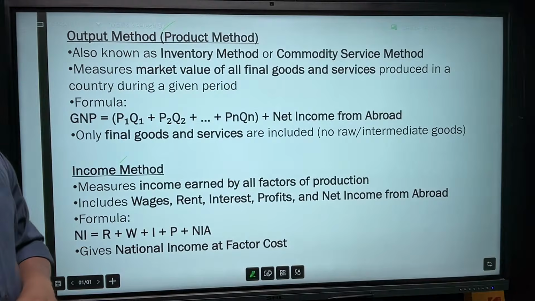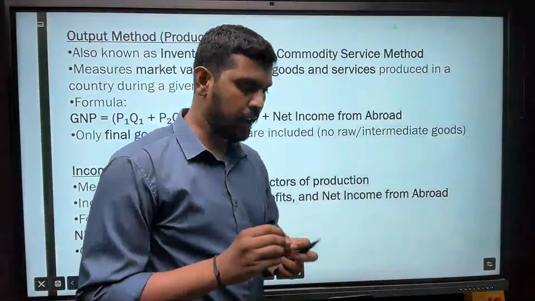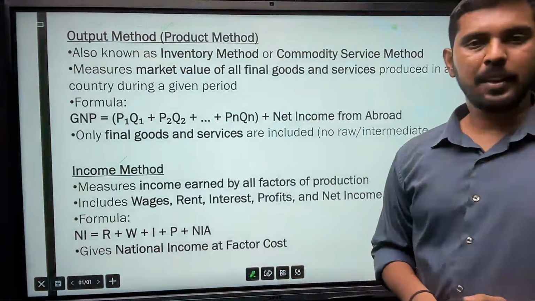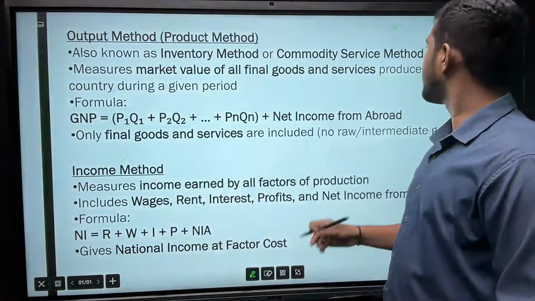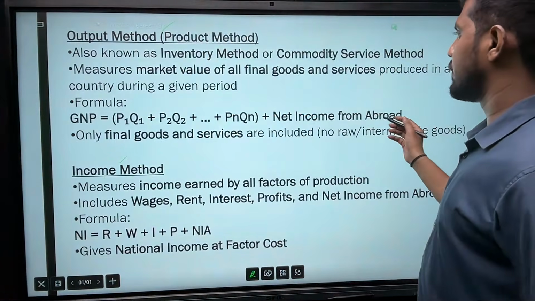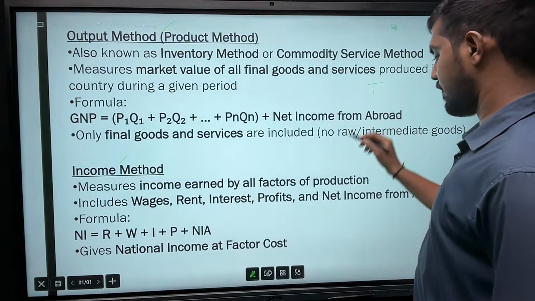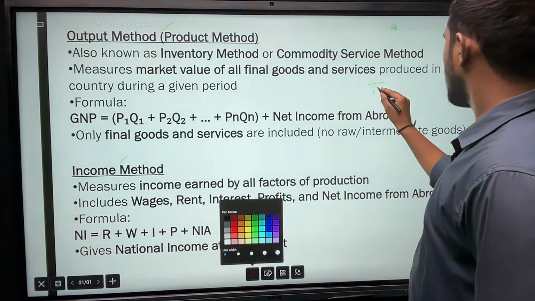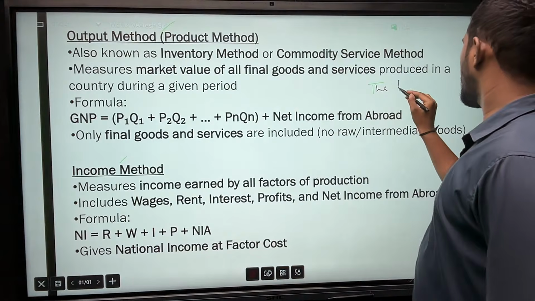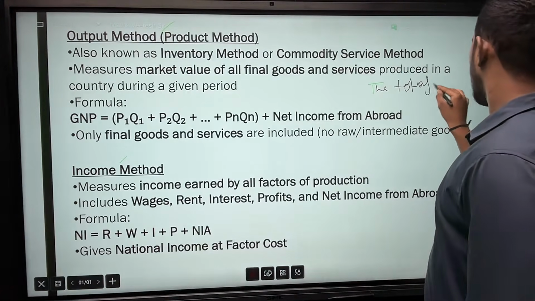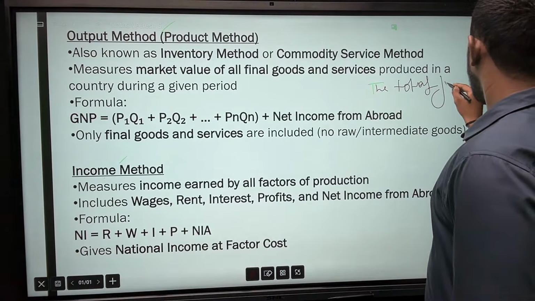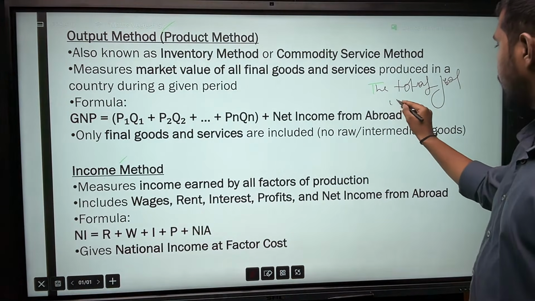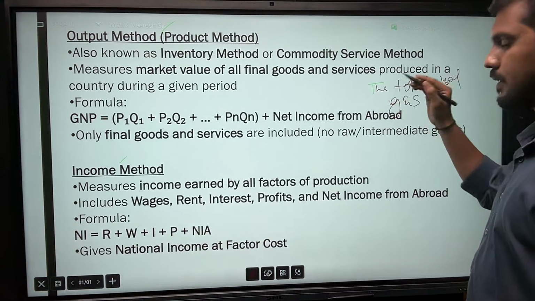Let us go. First of all, what is national income? National income is nothing but we calculate it as GDP. The total final goods and services.